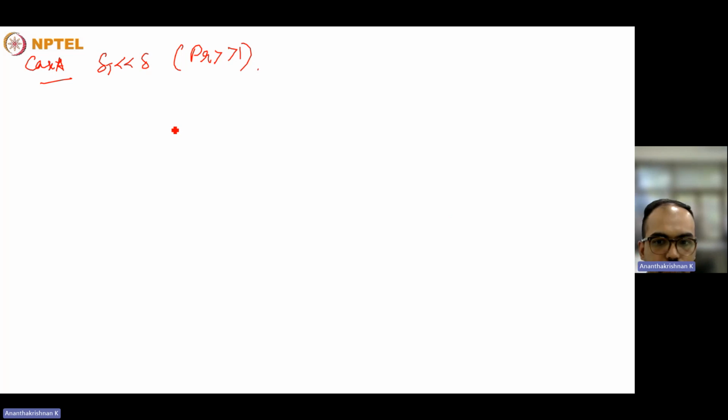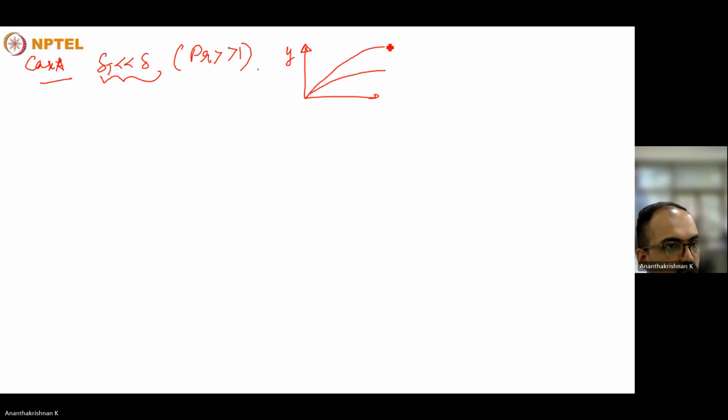So u will become, when delta T is very much less than delta, this is the thermal energy equation.